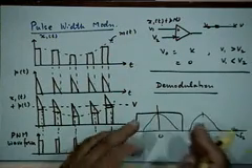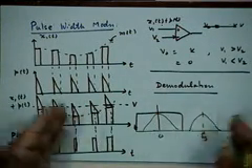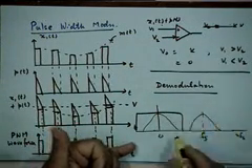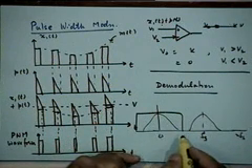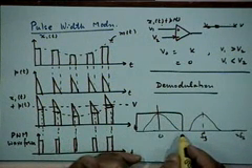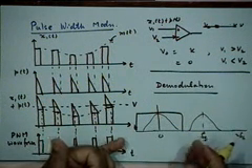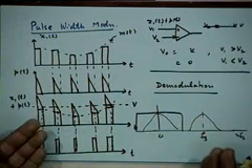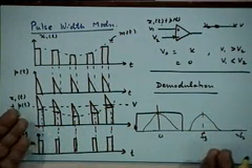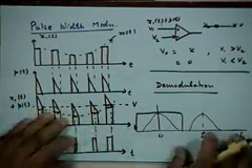So, all you have to do is remove the periodic components, the components above the bandwidth of the signal, by passing it through an ideal low pass filter, and you have your continuous time signal back. So, to do the demodulation for the PWM signal, ideally we should look at the spectrum of the PWM signal.